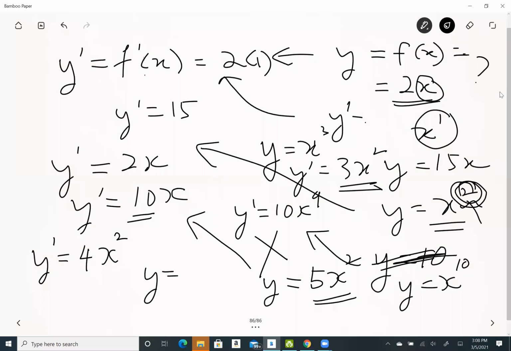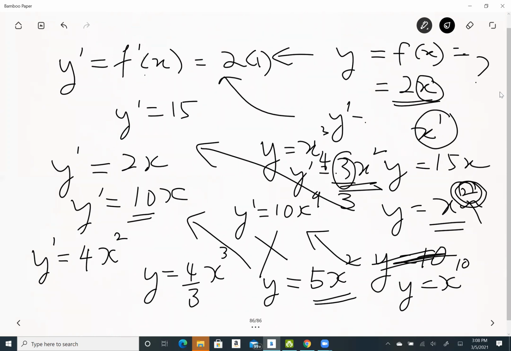So what you do, when you have x cubed, you have a 3, you don't want that 3, so you divide by 3. Now what you want is 4, so you multiply by 4. So y is 4 over 3, x to the power of 3. So what you do actually here, you multiply by the constant that you want, and then you divide by the power.